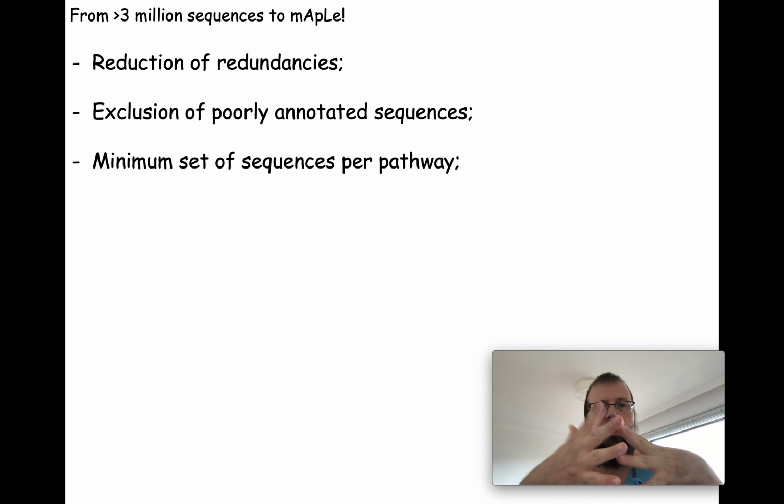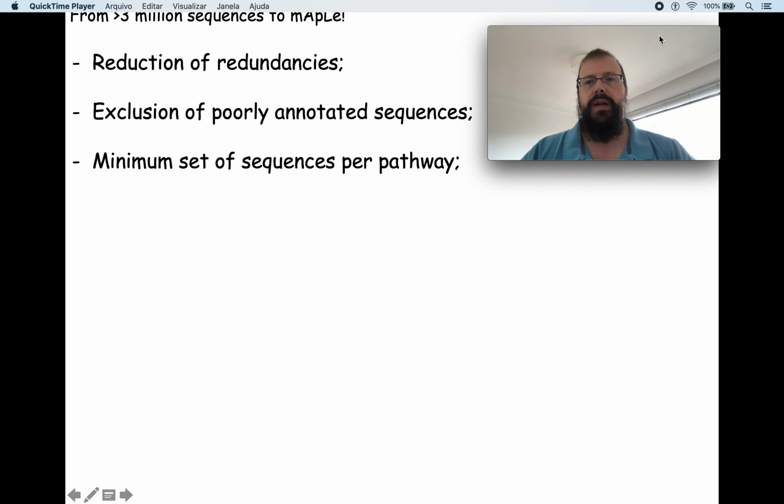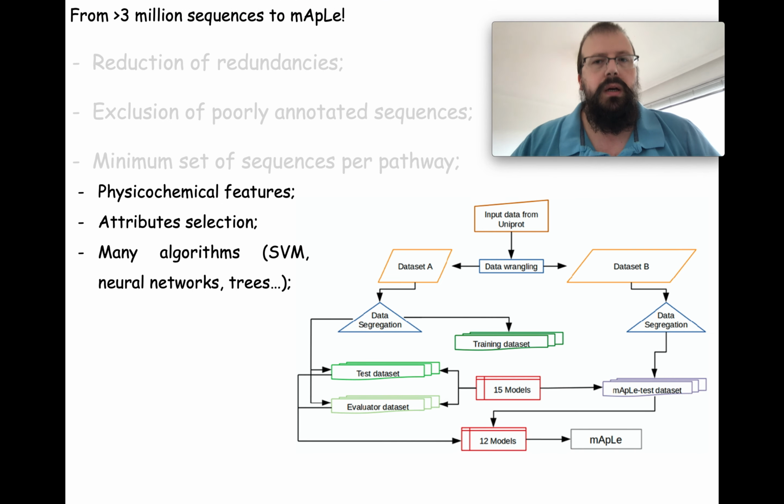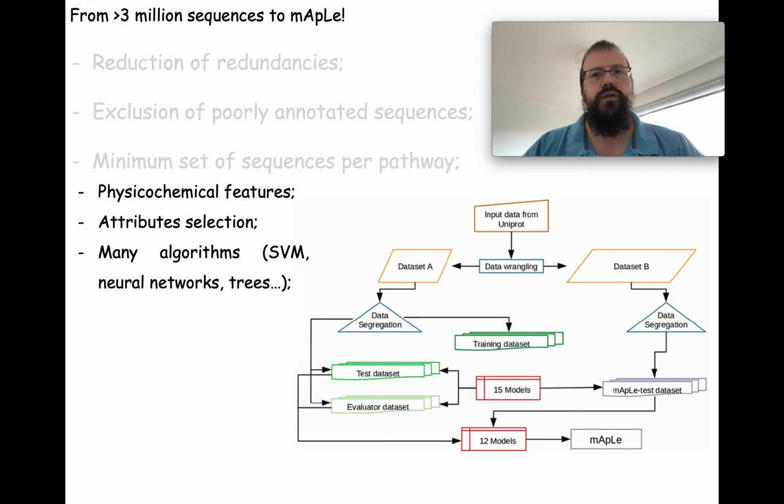We excluded sequences with poor annotation, and we excluded the pathways that had a small number of proteins representing that pathway, because in first assays we saw that we must have a minimum of around 50 enzymes of a single pathway to have a reasonable predictive model.